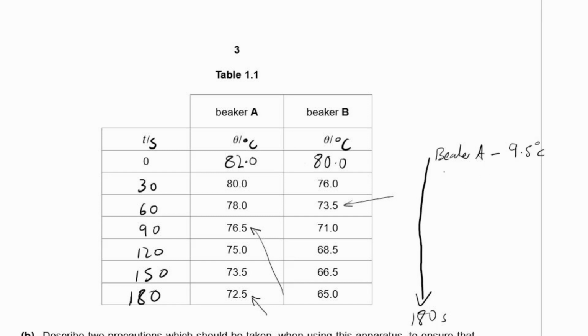And beaker B loses 15 degrees Celsius. So much the temperature has decreased by. So it seems to me that beaker B is losing thermal energy more rapidly. So let's put that into an answer.